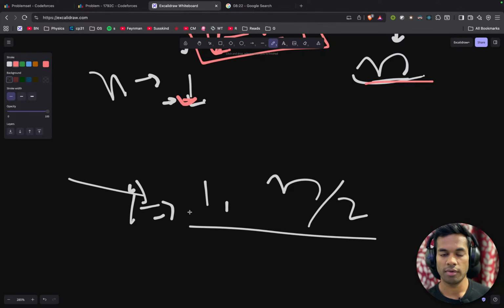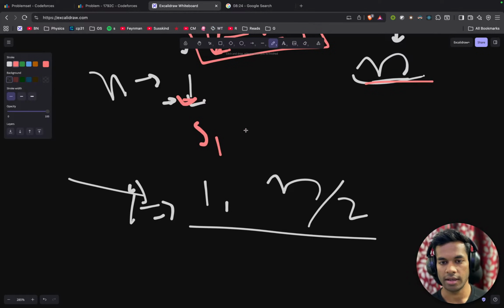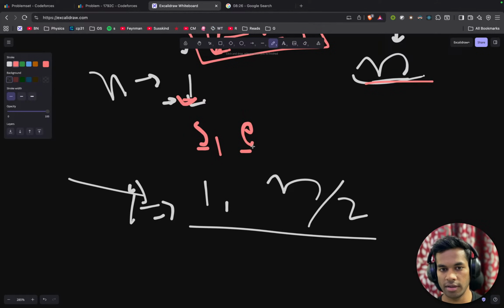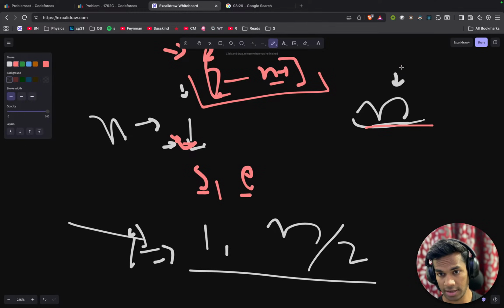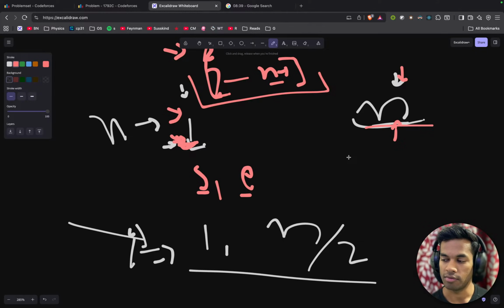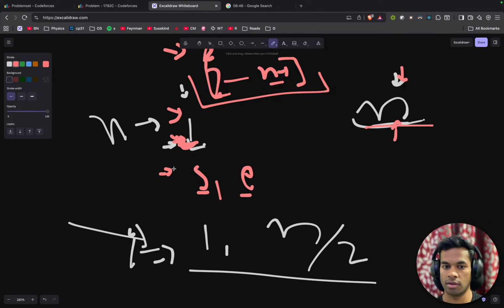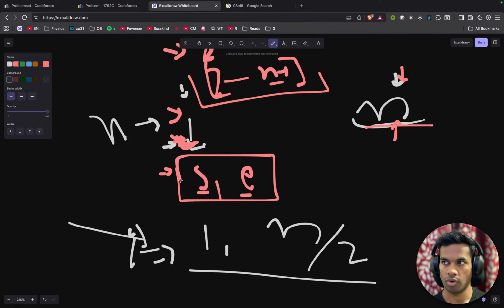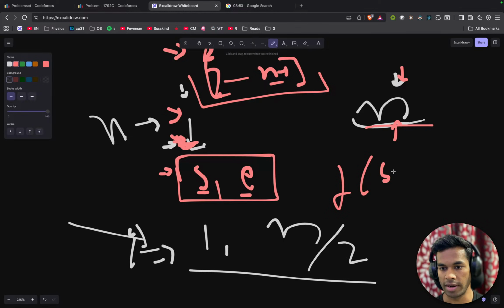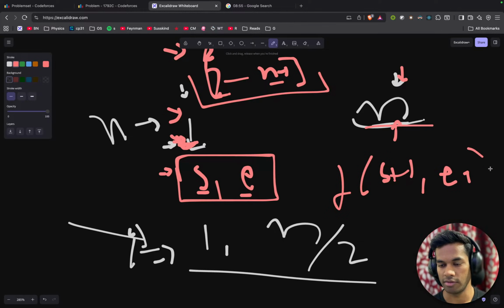For each function call we will have a starting point and an ending point. We will look at the starting and the ending point. If one is at the first and n is at the last, then answer for this would be, call the same function f for s plus 1 and end minus 1.